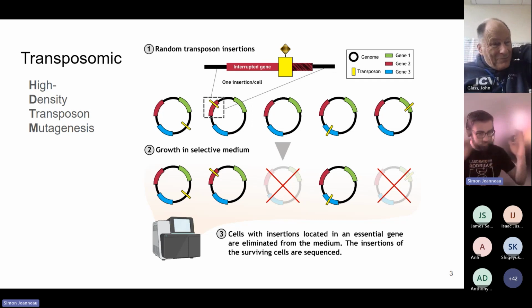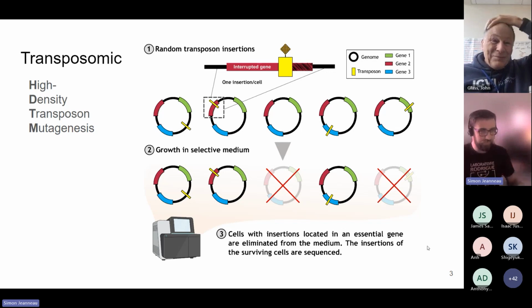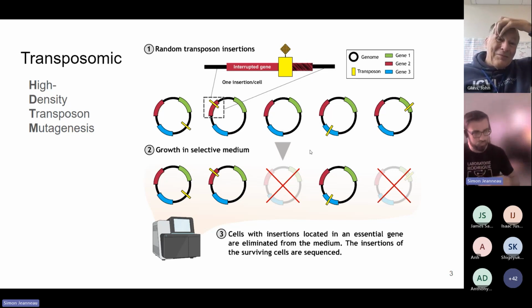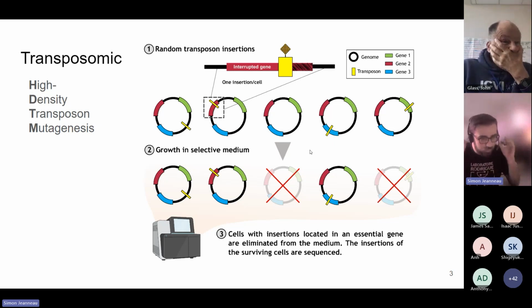But broadly, Tn-Seq is inserting a transposon randomly in the genome, once per cell, and putting the cells in a selective growth condition that will select for the transposon insertion, of course.